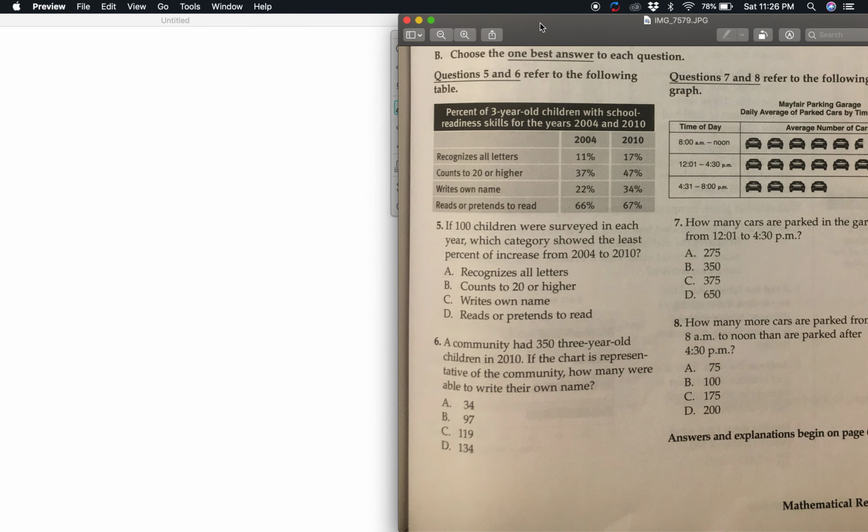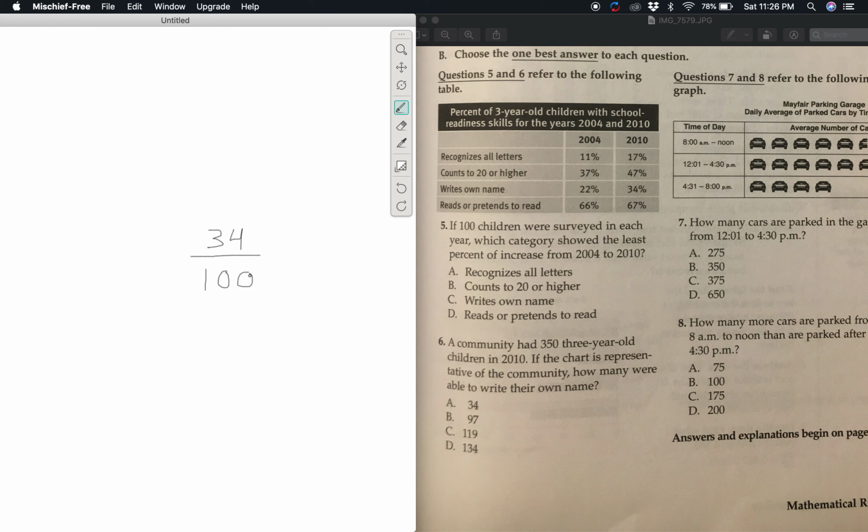This is like the proportion or percent formula: we have 34%, and percentage is always out of 100. So we have 100 here, which represents the 350. 100% of that 350 would be the 350.